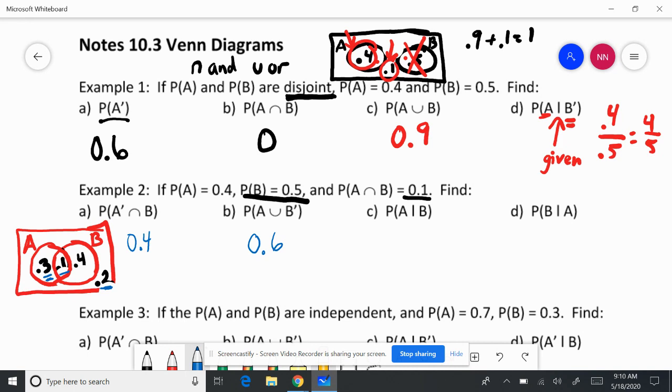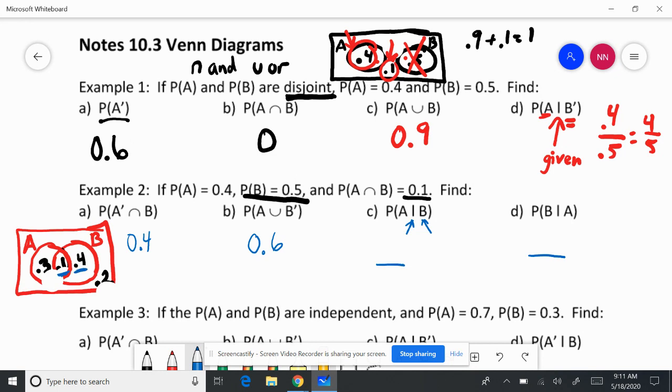The next two have our given. Notice that we have our little bar, our given. We want to remember that we're going to have fractions, and our denominator is whatever our given is. So our given is B. B includes these two right here.